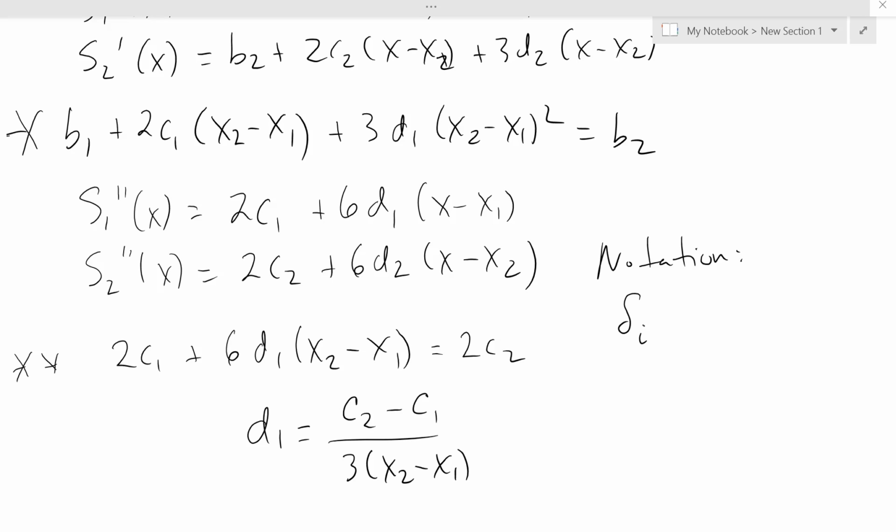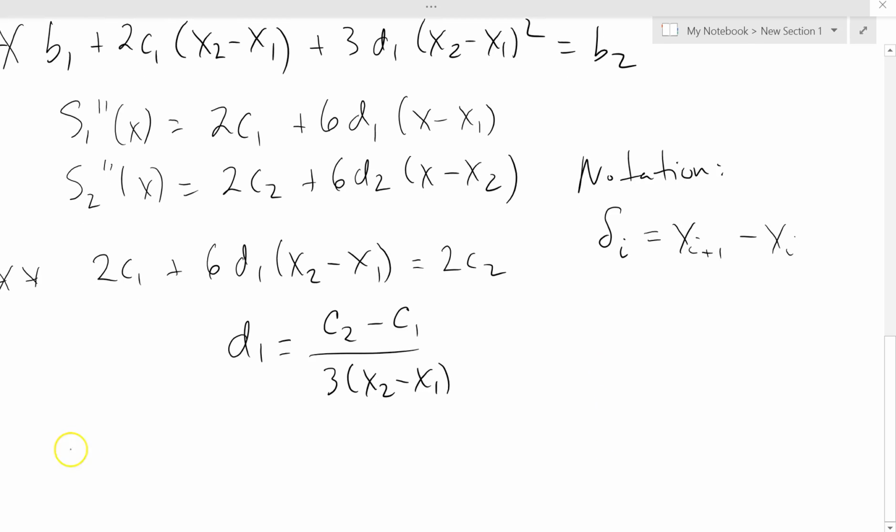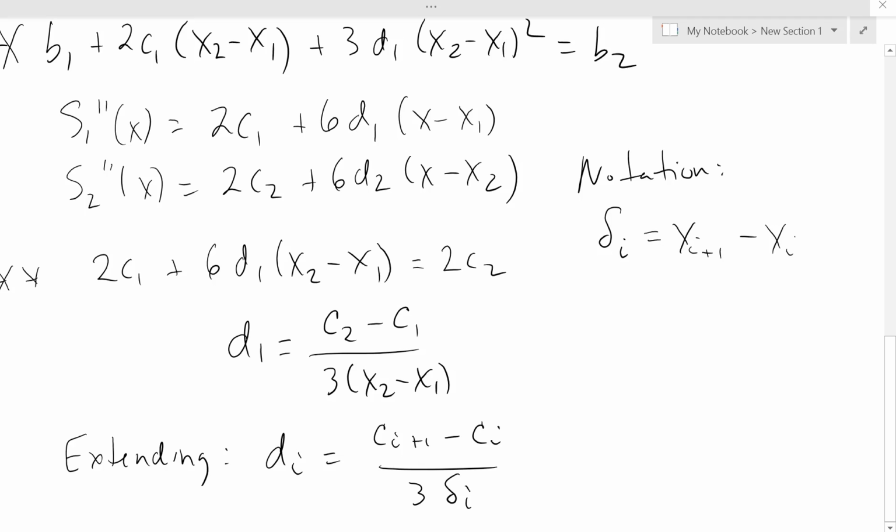Little delta sub i is going to be x sub i plus 1 minus x sub i. So if we extend this formula, your d sub i should be c sub i plus 1 minus c sub i over 3 delta sub i. All right, so that's one formula we need.